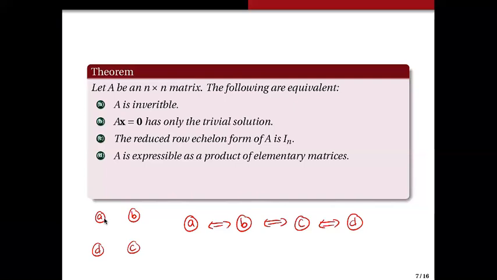A implies B. But this B will imply C. Also, this C will imply D. And furthermore, this D will also imply A. And therefore, B implies A can be seen as: from B, you go to C, you go to D, and then you go to A. And therefore, you have this other direction in here.